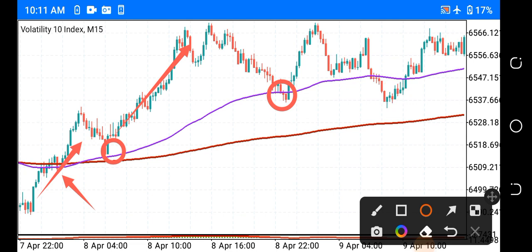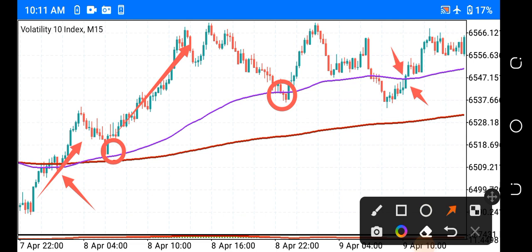All right, so the next entry here is another possible entry, but in the case where the market crosses the 50 moving average, you need to wait for the candlestick to end above the 50 moving average. This is the bullish candlestick that closes above the moving average.